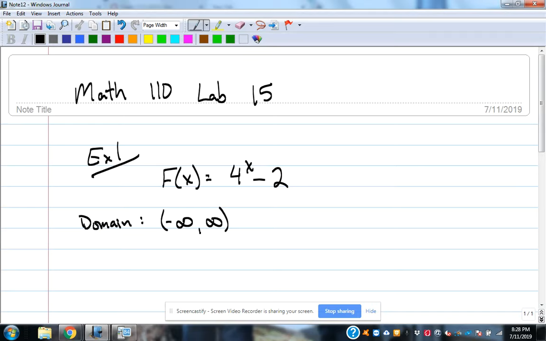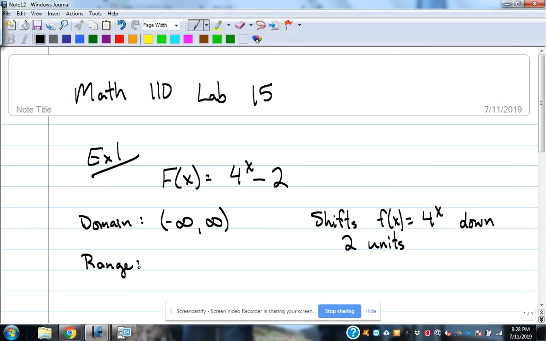This function shifts the f of x equals 4 to the x down 2 units. So the range for this one would be from -2 to infinity.